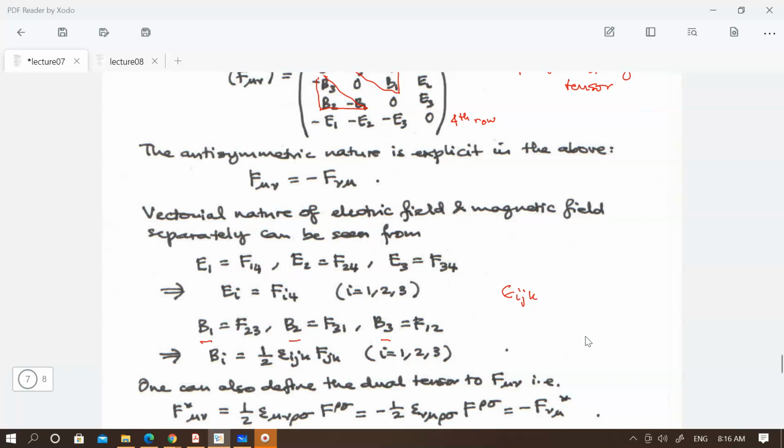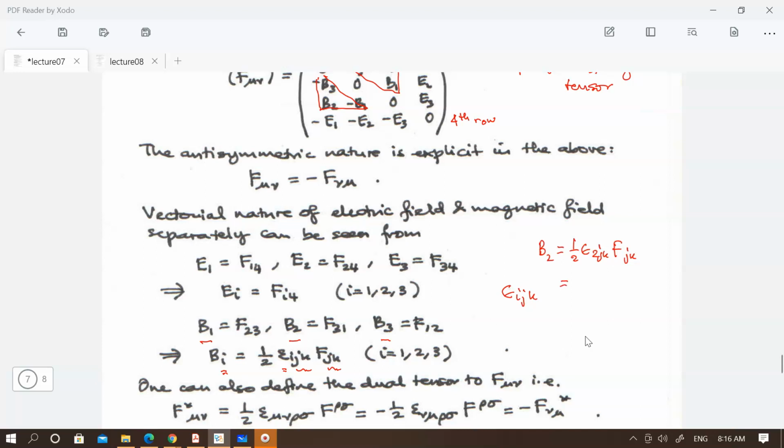So you can see that here is your free index, and then these are your dummy indices, so it's been summed in this particular case. And you can check that this actually works. Let's just take i equals 2, so I would have B2 equals half epsilon 2jk Fjk.